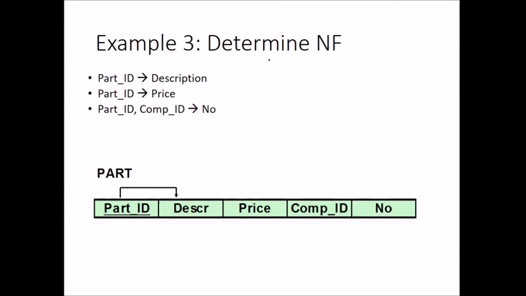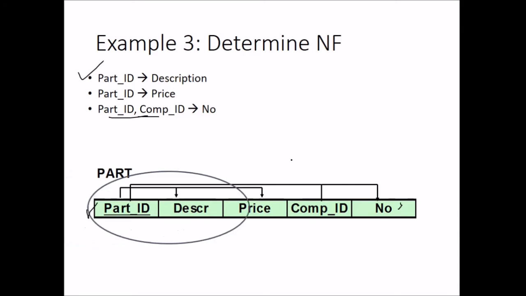Now, how can you identify the normal form of this particular relationship? There is one primary key, part ID, and the attributes are description, price, comp ID, and number. Description can be identified by part ID, as the first condition says, and price can be identified by part ID. This is also given. Part ID and comp ID together are combined to identify this number.